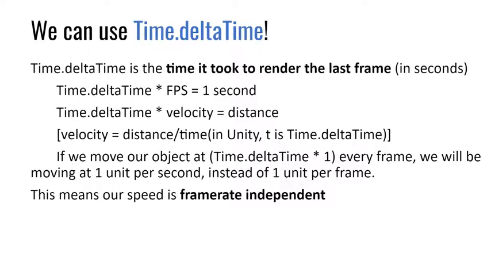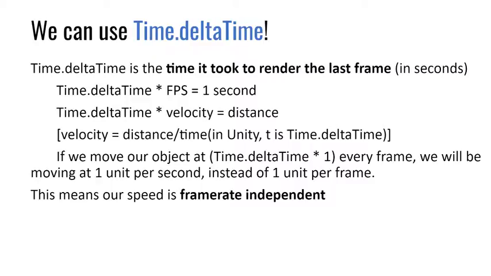So remember how earlier I multiplied Input.GetAxis with a speed variable? If you also multiply that with Time.deltaTime, the speed will tell you how many units the object will move per second instead of per frame.